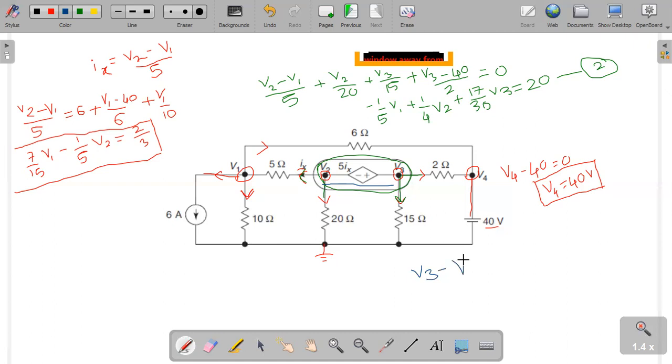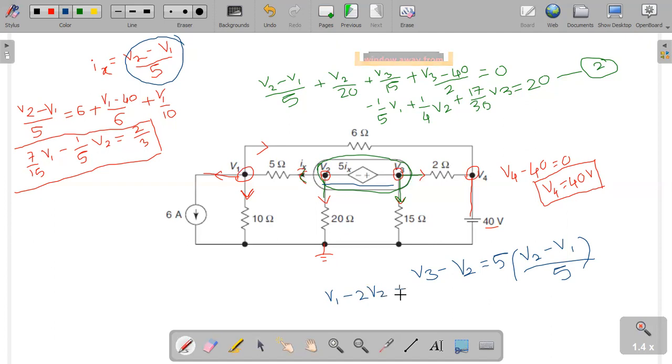V3 minus V2 is equal to 5ix, and we have already found the value of ix in terms of V1 and V2. So we can simply replace ix with this term. So here I can write 5 into, in the place of ix, V2 minus V1 upon 5. Again, if I simplify, I am going to get the third equation as V1 minus 2V2 plus V3 equals 0.